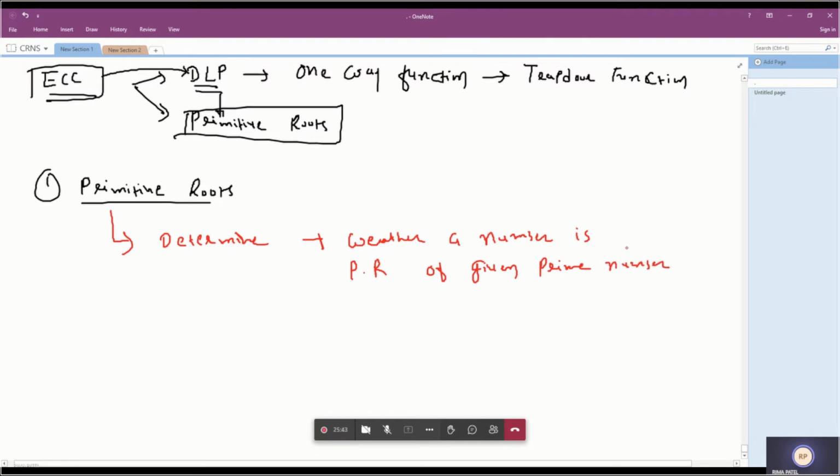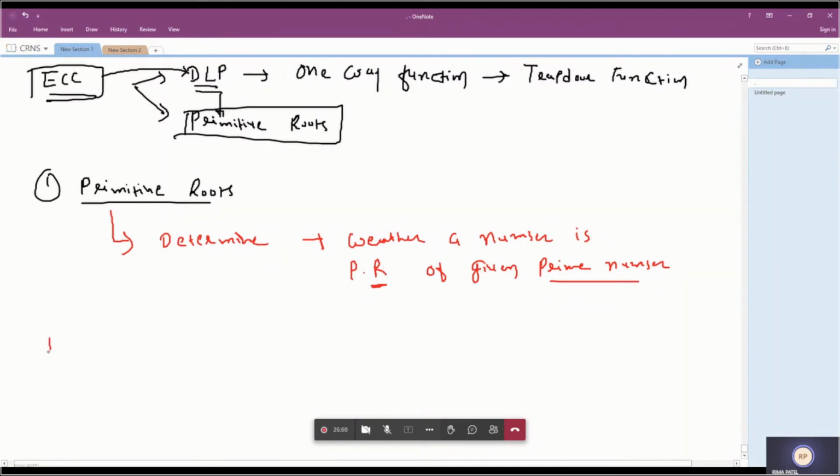Okay, this is, we can say, a simple statement. It will help us to determine whether the given number is a primitive root of a prime number or not. We will see the example so it will be clear to you people.